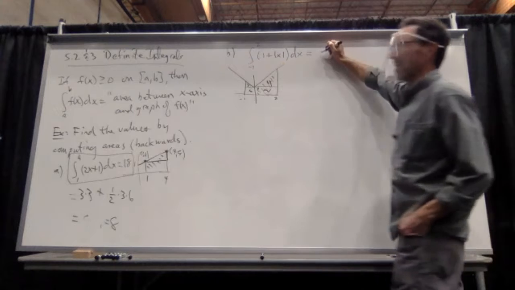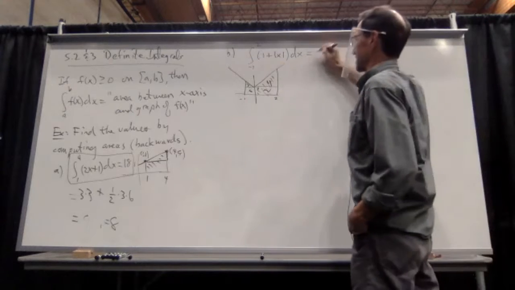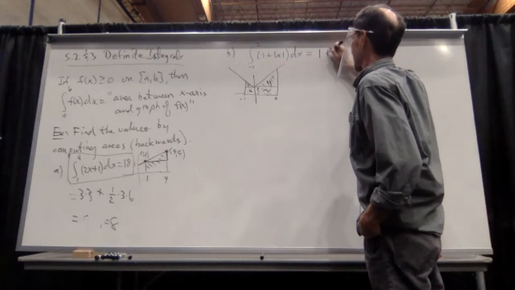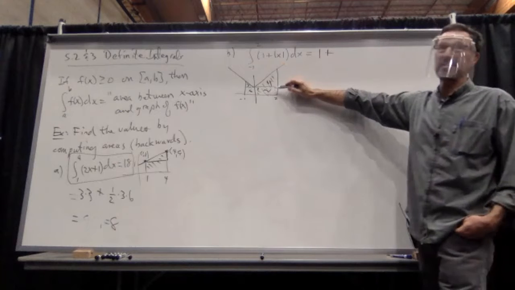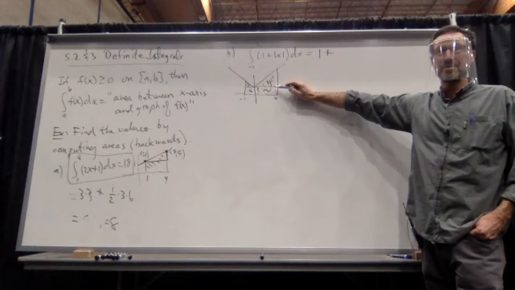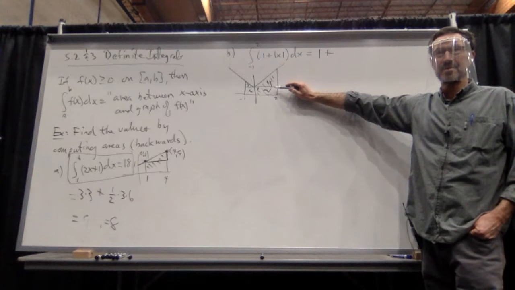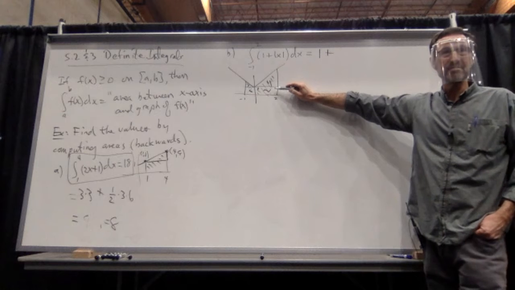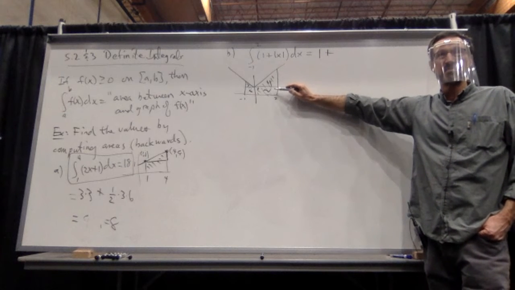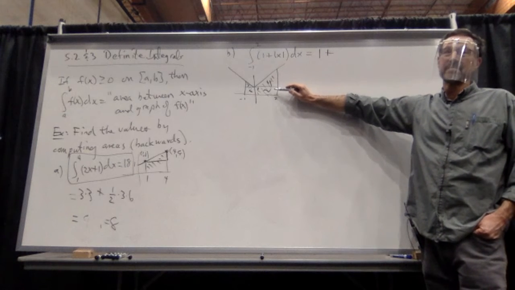So the area of region 1, what is it? Yeah, it's a square, 1 by 1. How much area in region 2? It's a rectangle. How long is it? 2.